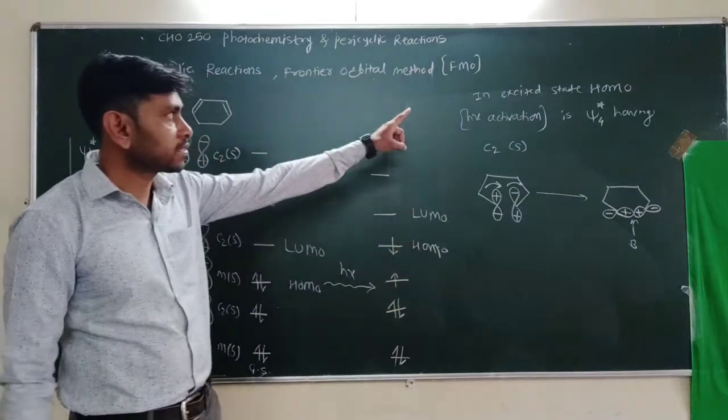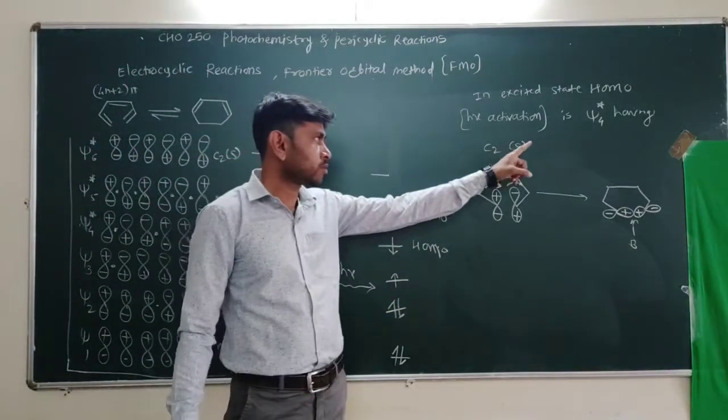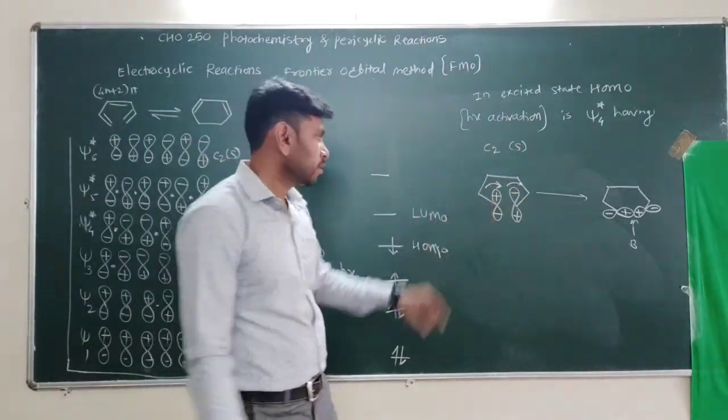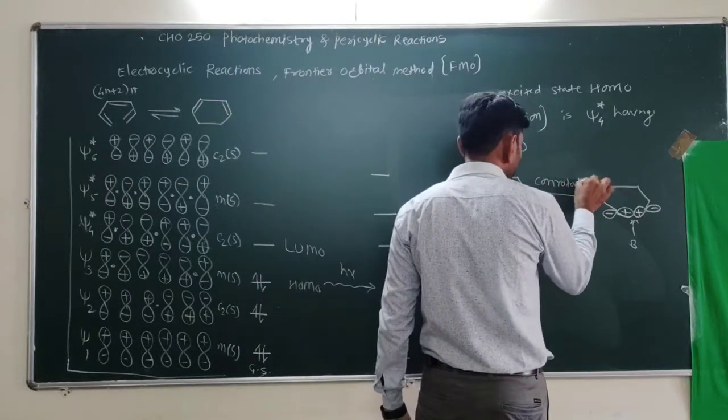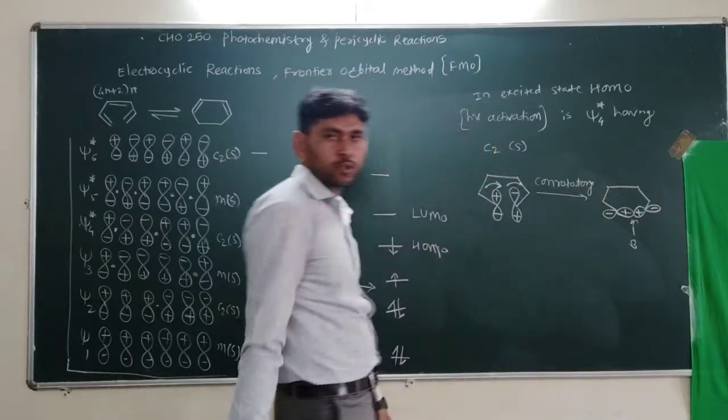So if the excited state HOMO is Psi4 star having C2 symmetry, then this reaction is allowed by conrotatory motion, not by disrotatory motion.